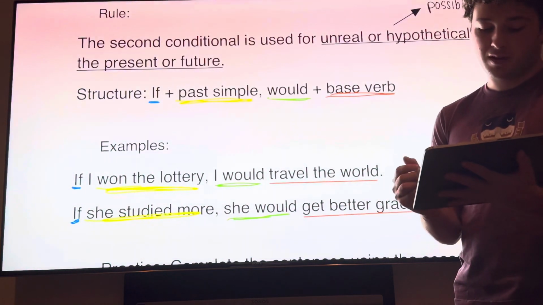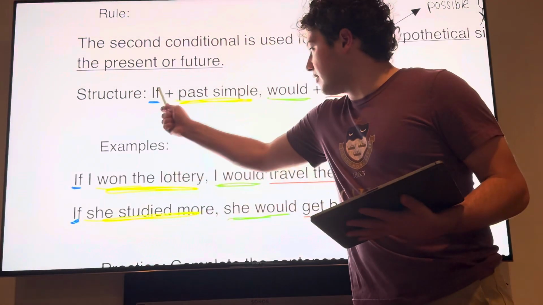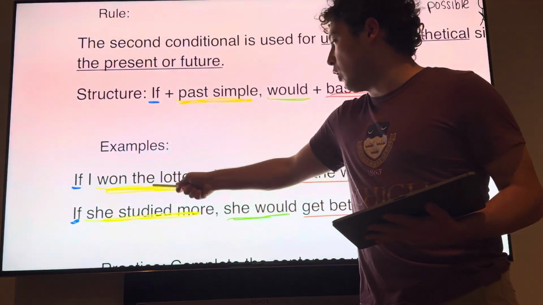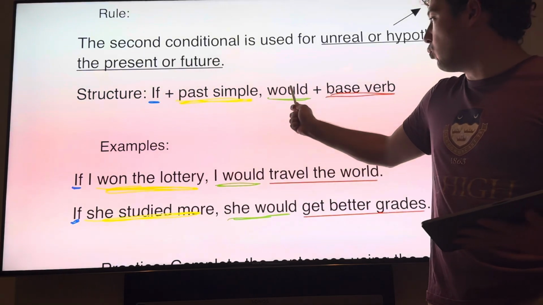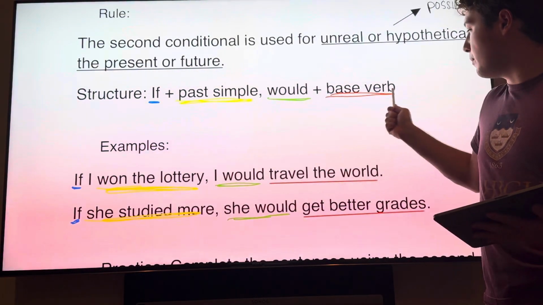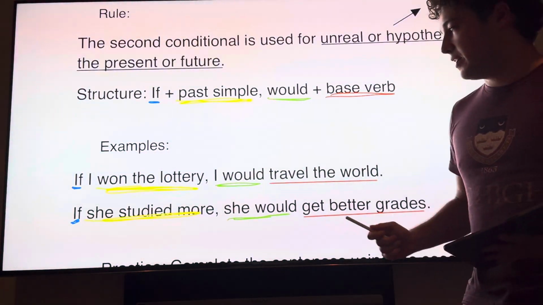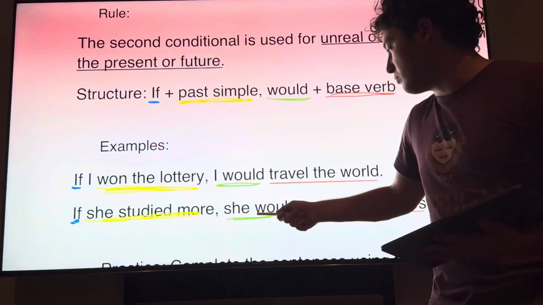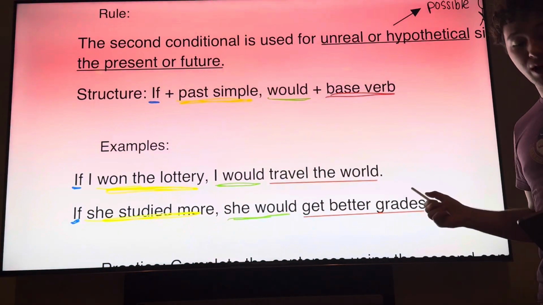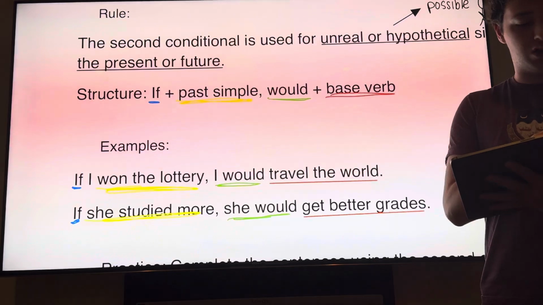So, if, past simple, I won the lottery. Would, I would. And then the base verb, travel the world. Same here. If she studied more, she would get better grades. Not too bad.